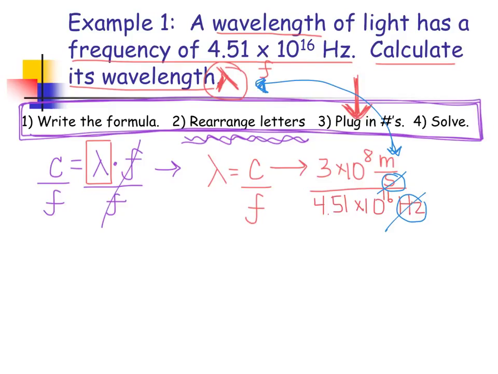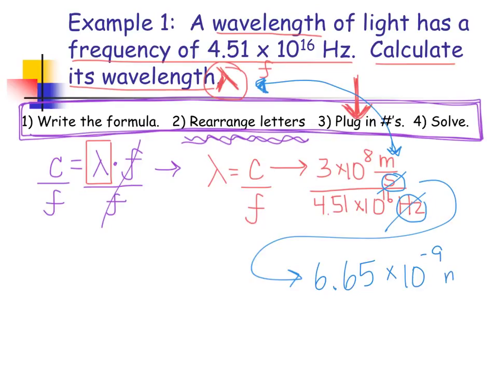Can I measure the length of a wave in meters? Sure. So that's pretty much my clue that I'm doing this right. So now we're going to plug this into our calculator. And we find out that it's 6.65 times 10 to the negative 9th meters.